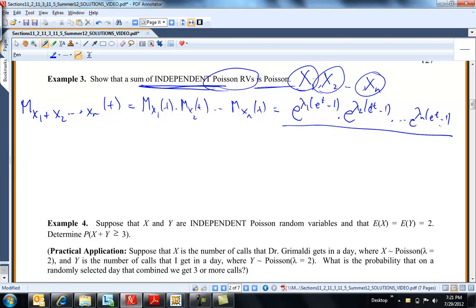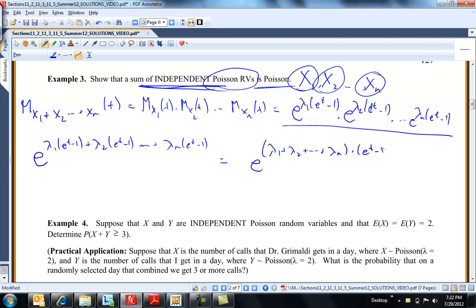Product of a bunch of exponentials is exponential. I sum their exponents, so lambda 1 (e to the t minus 1) plus lambda 2 (e to the t minus 1) plus lambda n (e to the t minus 1). This is equal to e to the, I can pull out all the lambdas, (lambda 1 plus lambda 2 plus lambda n) times (e to the t minus 1).